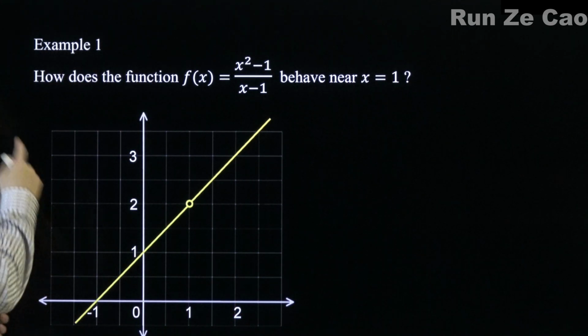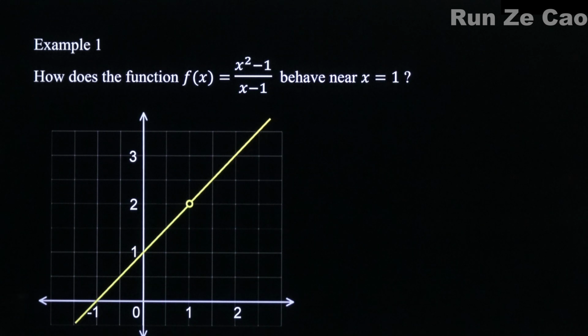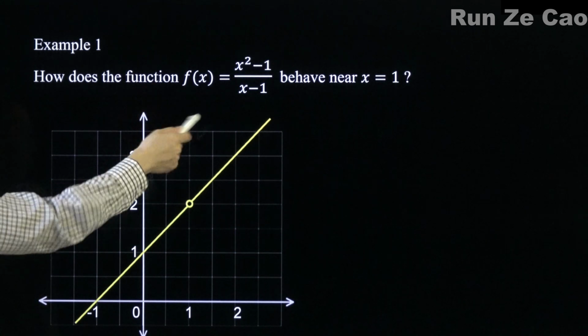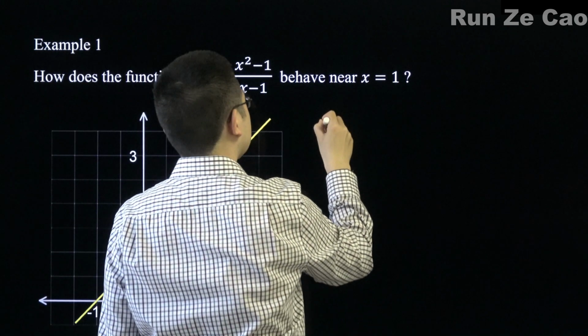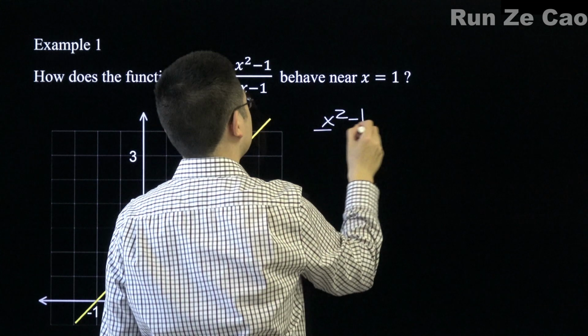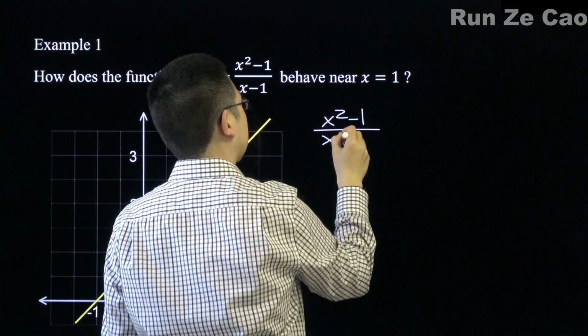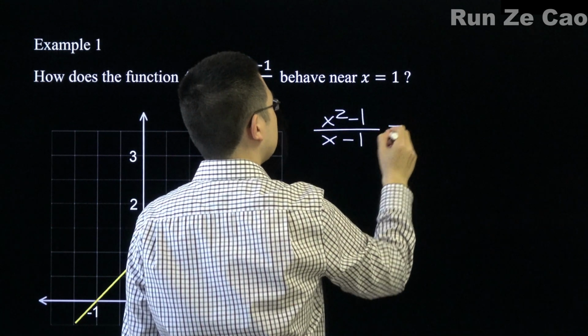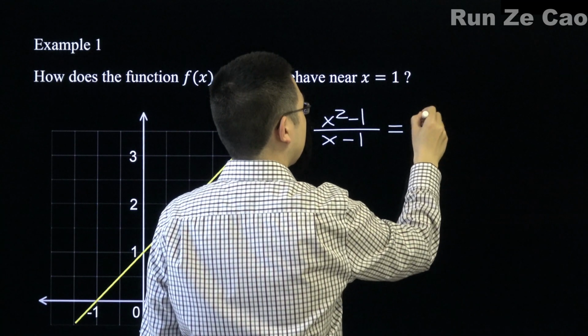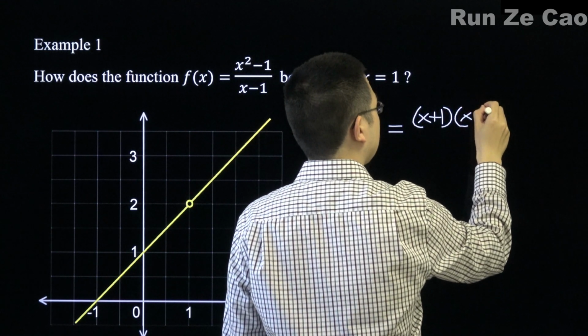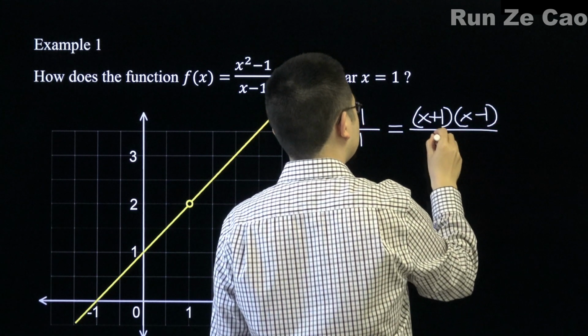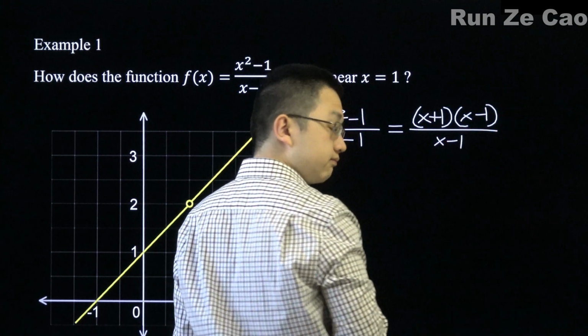Be careful. Okay, so here we have an example. What does this simplify to? We can see that x squared minus 1 over x minus 1 is equal to x plus 1 times x minus 1 over x minus 1.